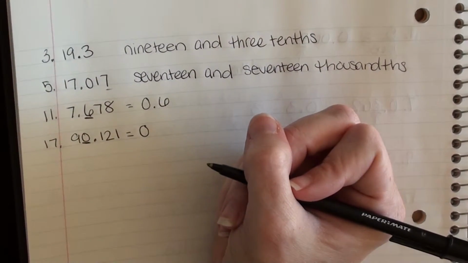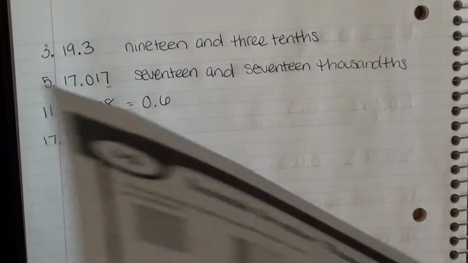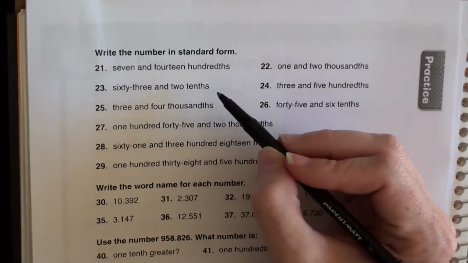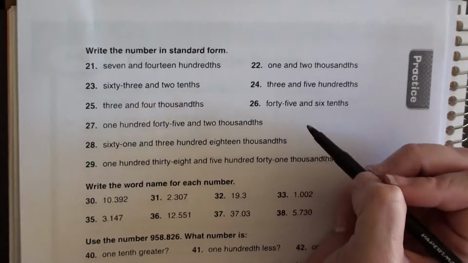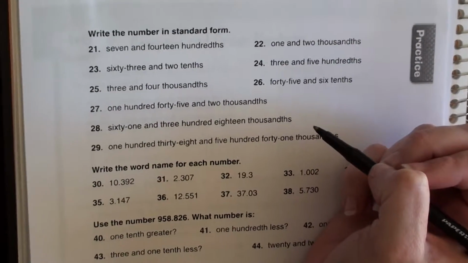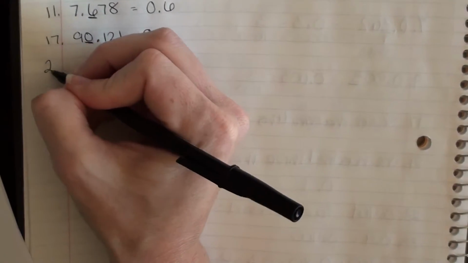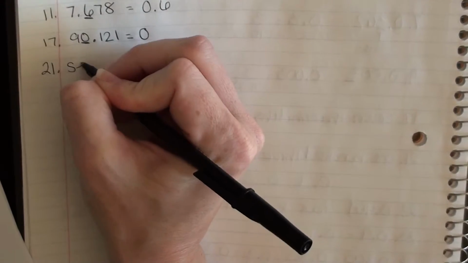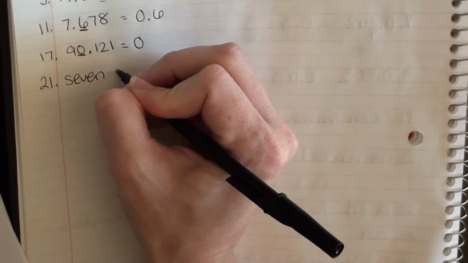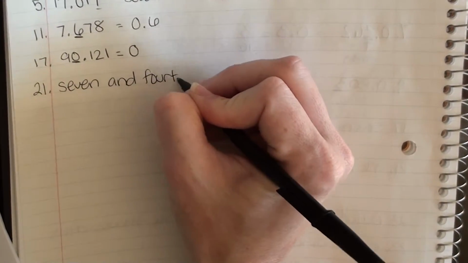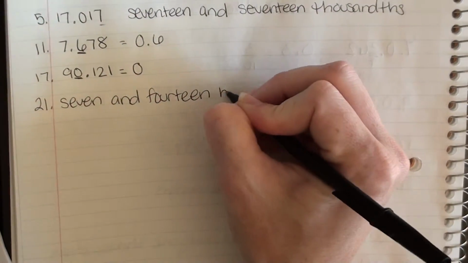It's not worth anything. All right, so the next section, you are going to take these in word form and put them into numbers. Okay. So let's look at 21. That is 7 and 14 hundredths.